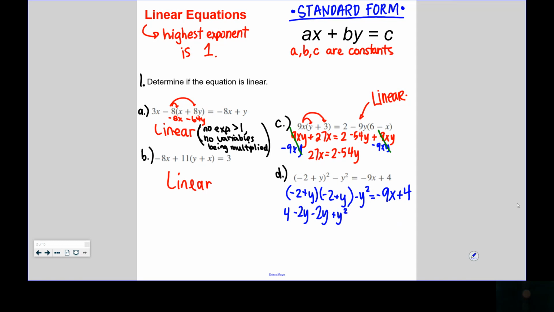Positive y squared. All right, then minus y squared equals -9x plus 4. Do the nonlinear terms cancel? Do the y squareds cancel? They do. Now let's look at what's left. We have just a y, and just an x. Everything that's left is linear. These are actually all linear.